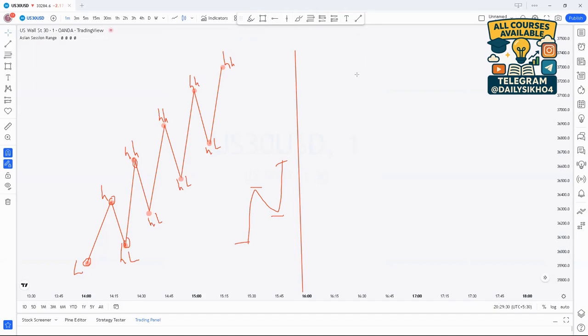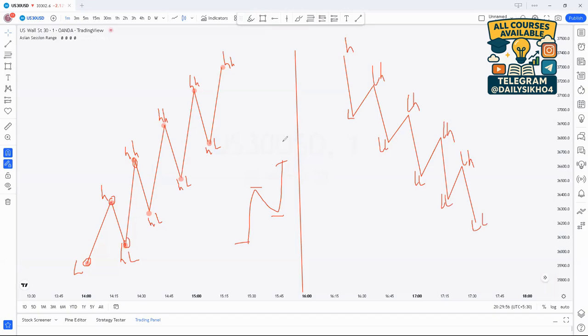The next thing we mostly care about is the bearish trend. We need a high, a low, a lower high, a lower low, a lower high, a lower low, and so on. So it starts from a high, a low, a lower high, a lower low.